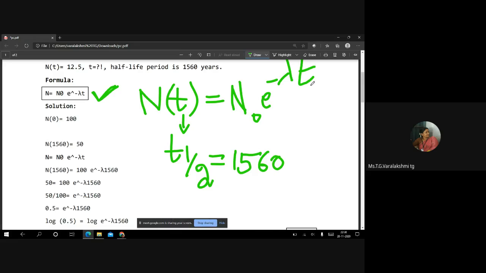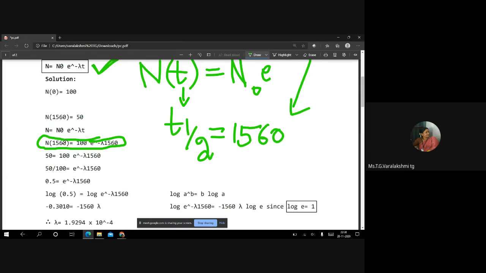In both the places I should substitute the same. As you can see here, I have done it. Now this will be 50, right? 50 is equal to 100 e power minus lambda times 1560.